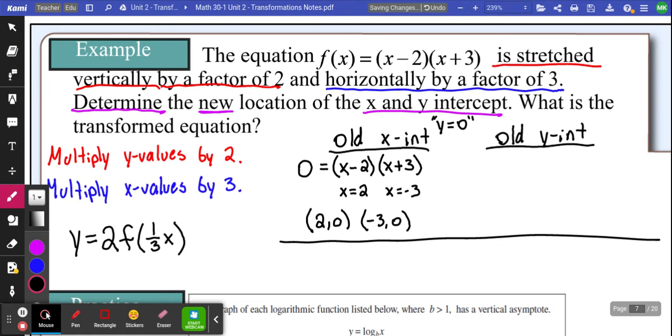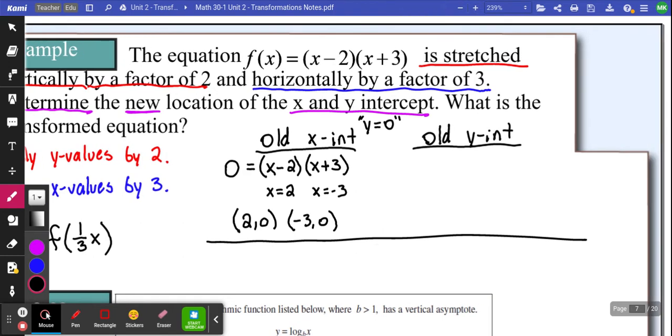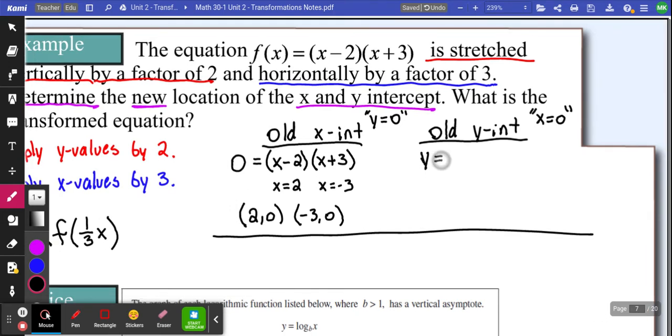How can I find my old y-intercept? You could change the form, because that's factored form. So you could multiply together to general form, and it's the constant. That would work. I think there's an easier way. Yes, y-intercepts mean that the x value is 0, right? So go to your equation, change x to be 0, and then just calculate it. So I have y equals (0 minus 2)(0 plus 3).